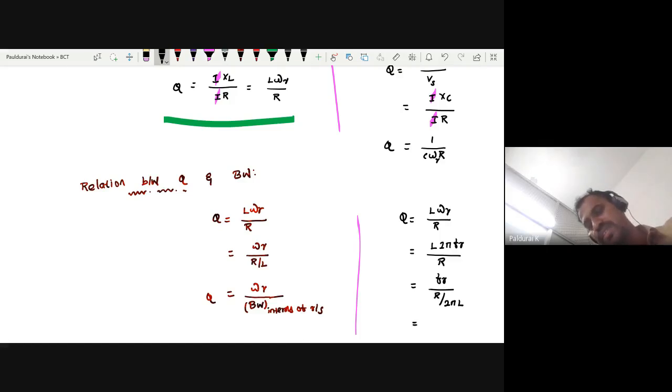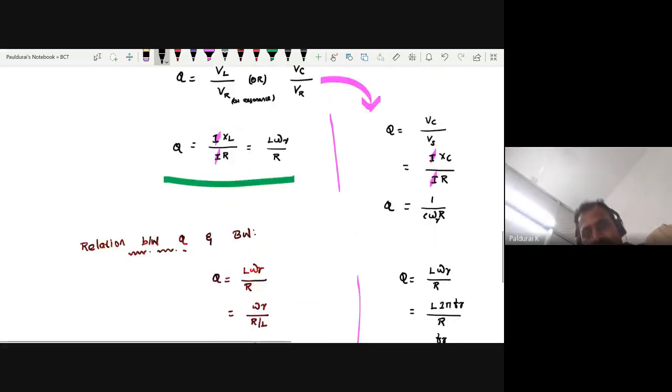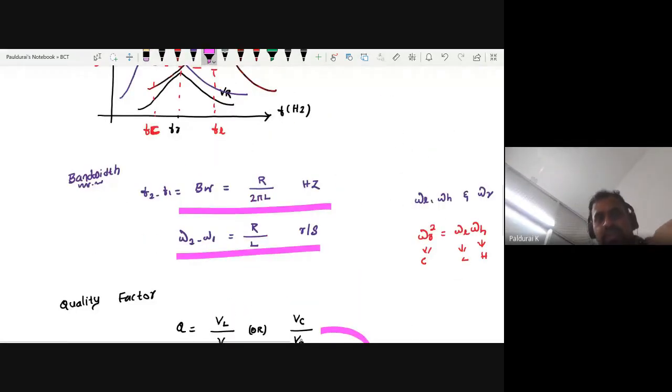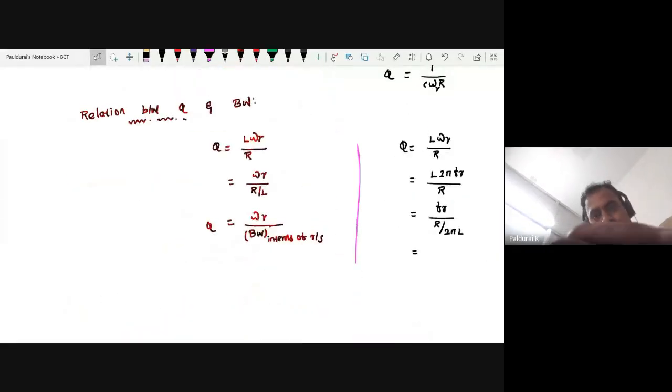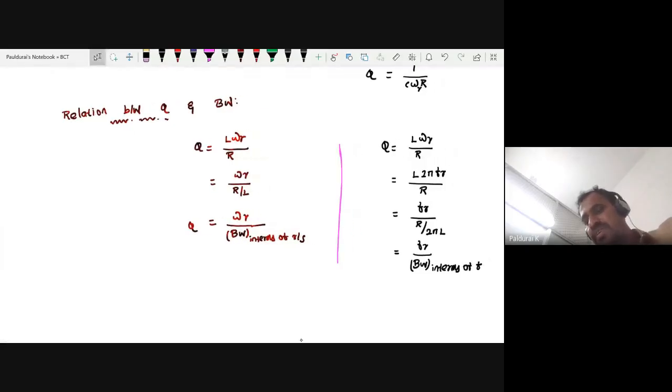And what is this? R divided by 2 pi L. This is my bandwidth in terms of F, right? So it becomes FR divided by bandwidth. This time in terms of F, or otherwise in terms of Hertz.